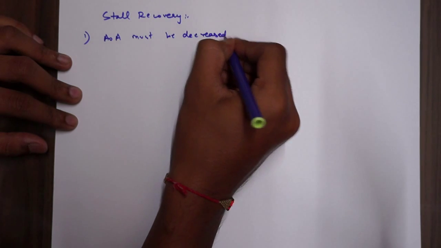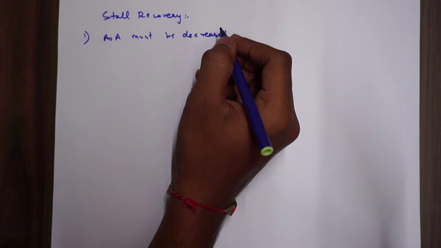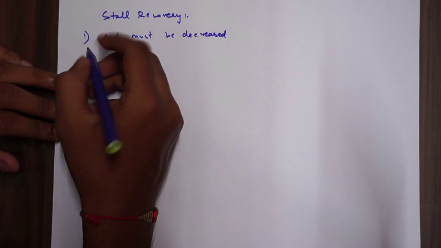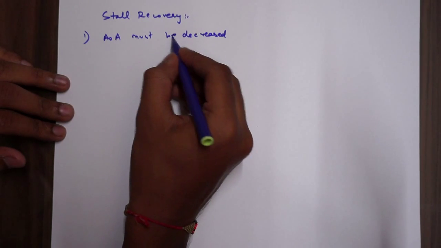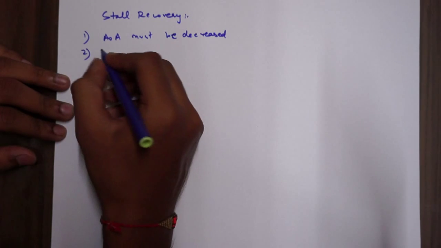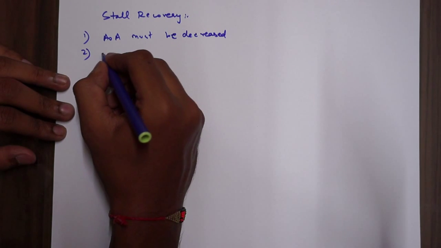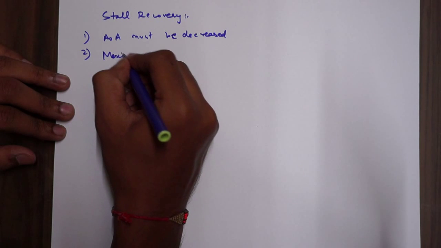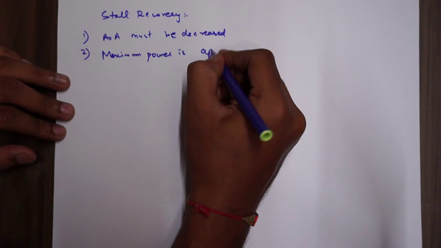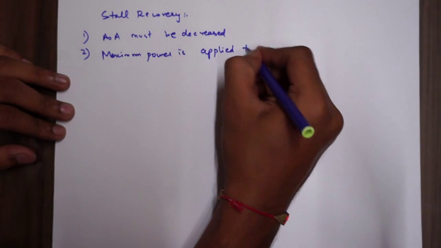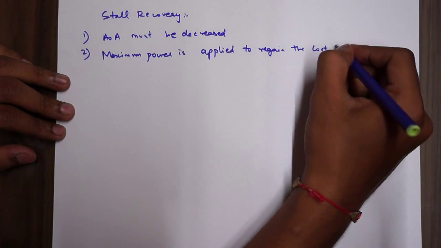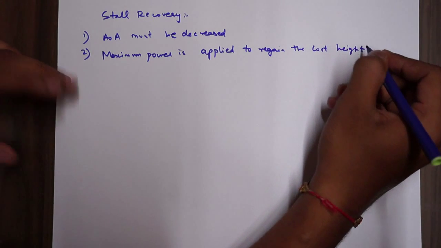Simply, that's all, because you have a high pitch attitude, right? If you remember the signs of stall which we discussed in the previous video, angle of attack is increased, so to recover from stall, angle of attack must be decreased to unstall the wing basically. And generally maximum power is applied to regain the lost height.